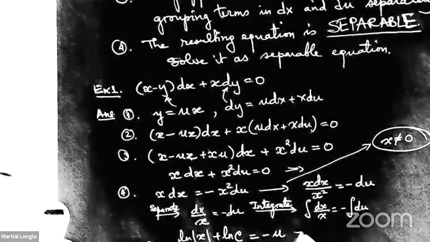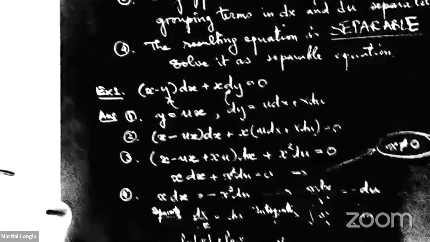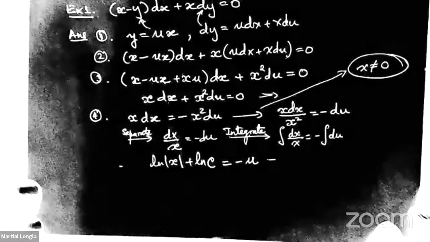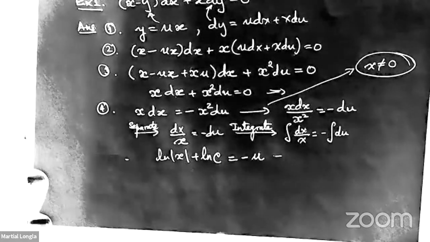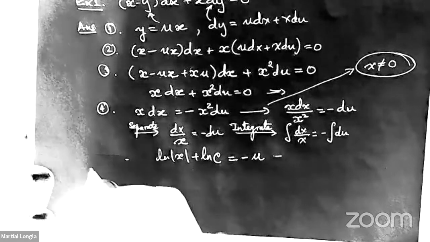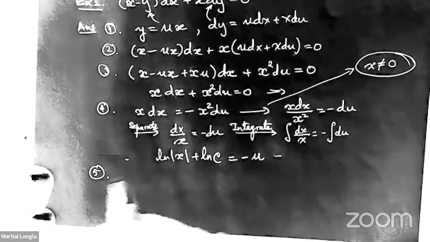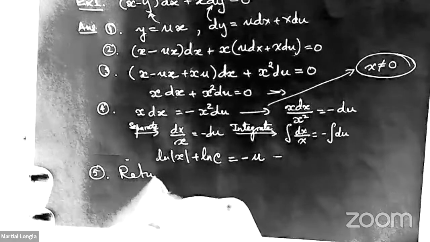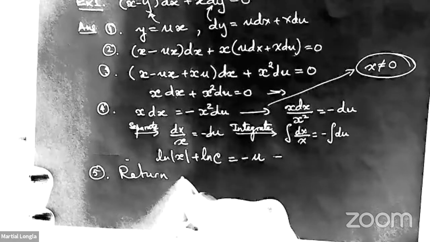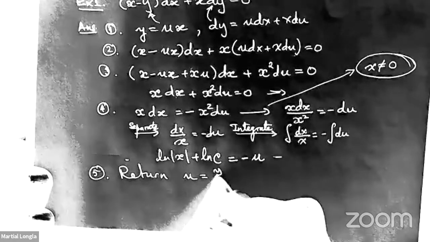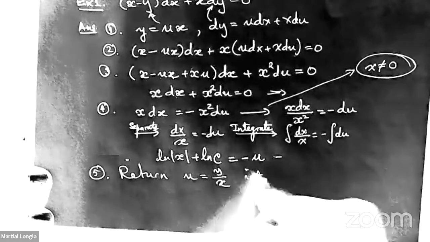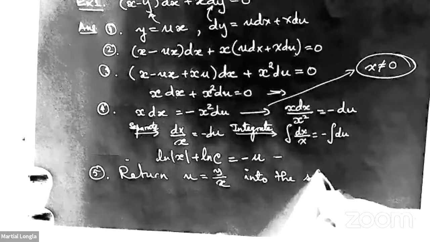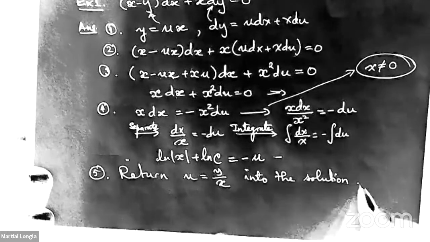And so the last thing we always do in this problem when we solve, after solving, we always have this step: return u equals y over x into the solution. So I didn't write that here, but that's always the last step.